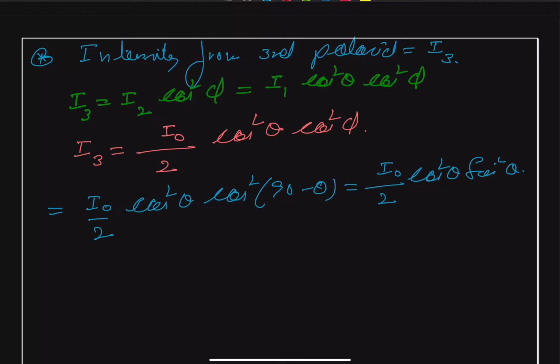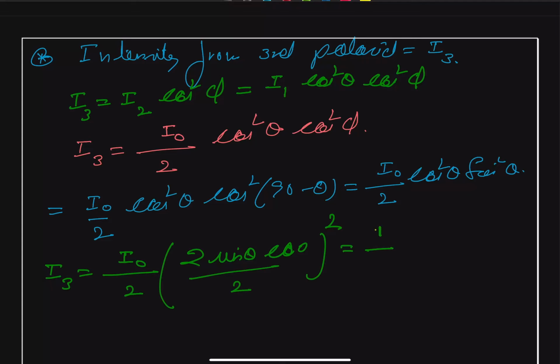And now we can easily solve it by using the trigonometric identity, and we can write that I3 will be equal to I0 by 2. We can use the double angle, so this will be 2 sine of theta cos of theta divided by 2, and whole square.